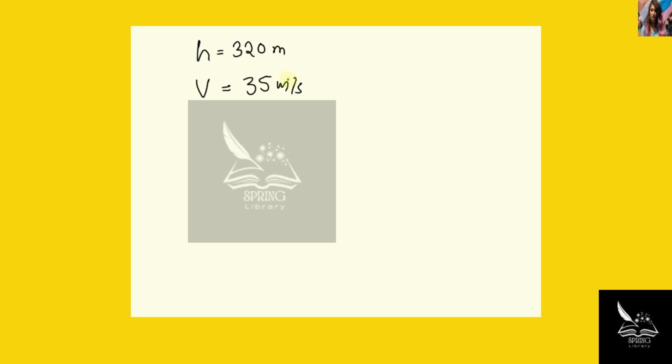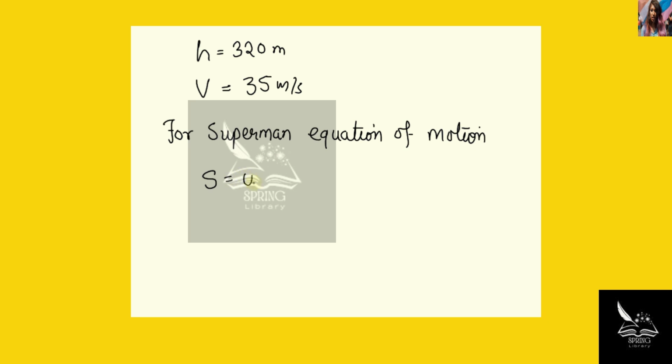So how fast is the watermelon going when it passes Superman? We will write the equation of motion for Superman and the watermelon. For Superman, the equation of motion will be S is equal to ut.